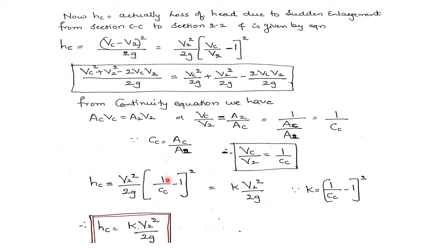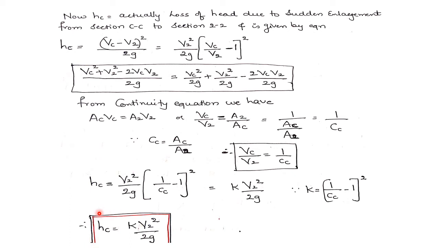So this entire expression is replaced by K here. Now HC is equal to K into V2 square divided by 2g. So this is the equation to calculate the loss of head due to sudden contraction.